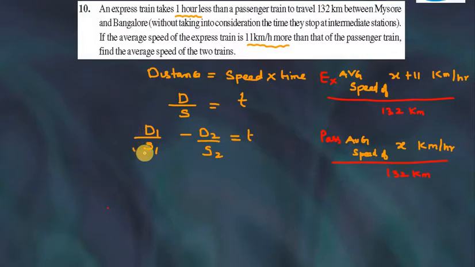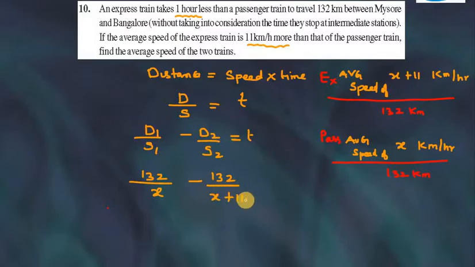I am taking here the passenger train. Why? Because the passenger train takes more time. So the distance, how much is it covering? 132 by the speed. We assumed the average speed is x. So x minus d2. d2 is the express train covering the distance 132 by the speed of the train, x plus 11.